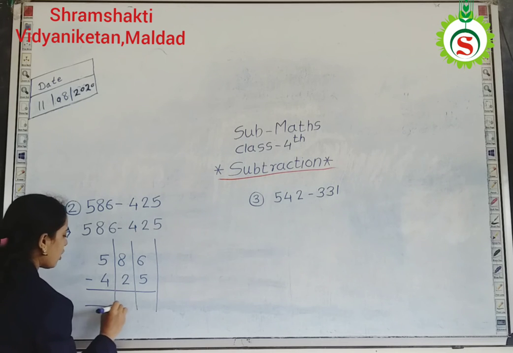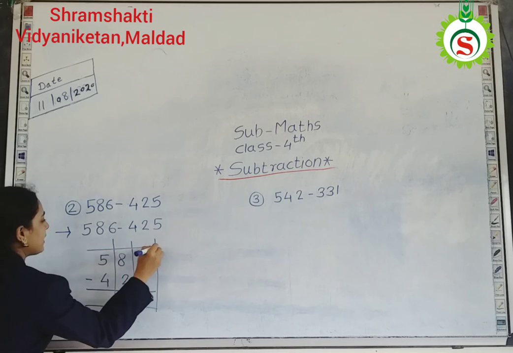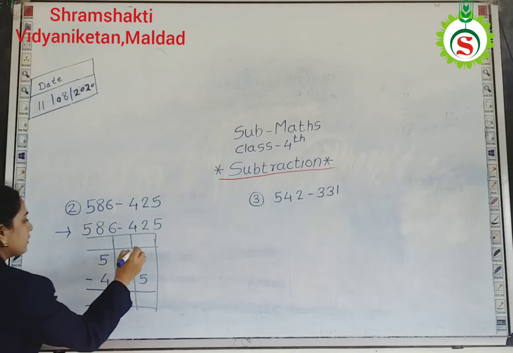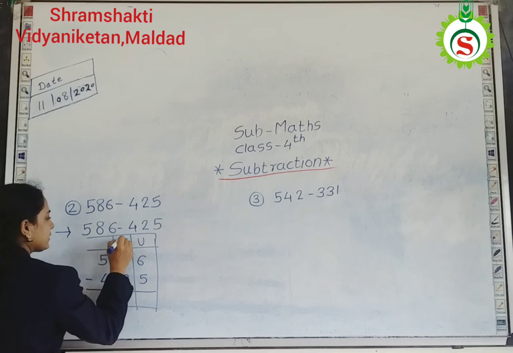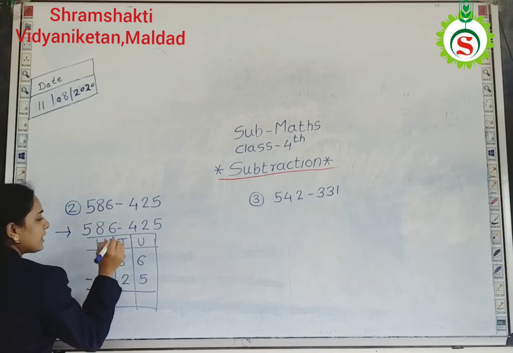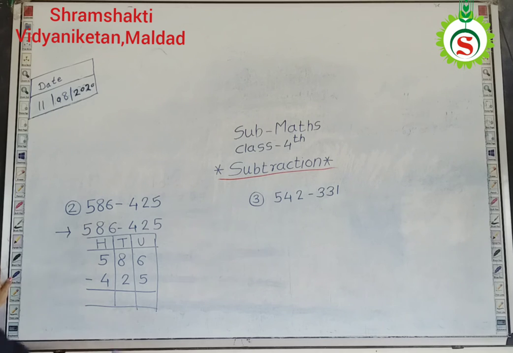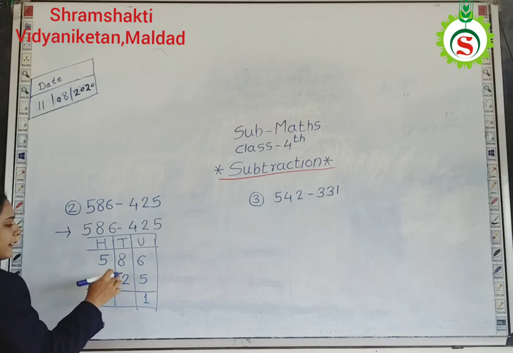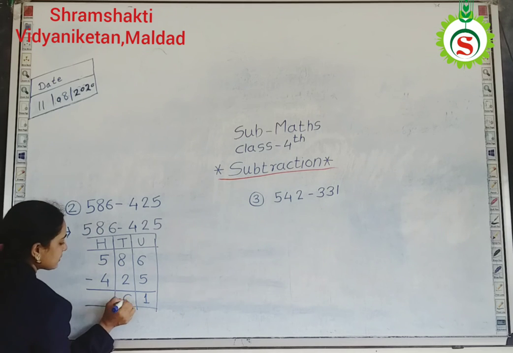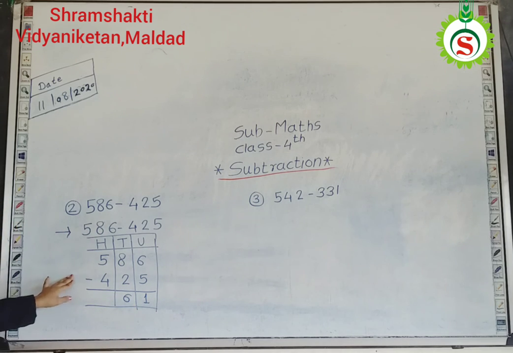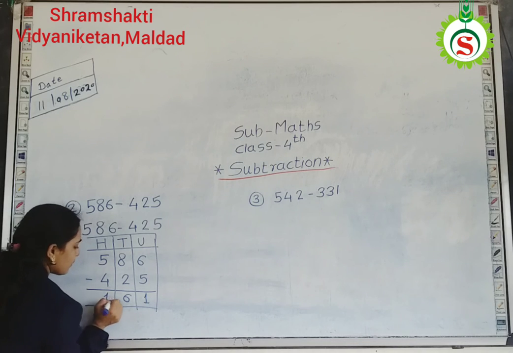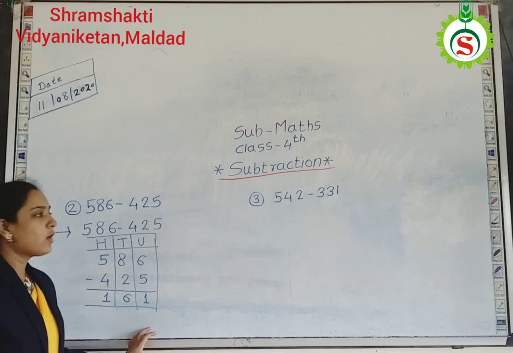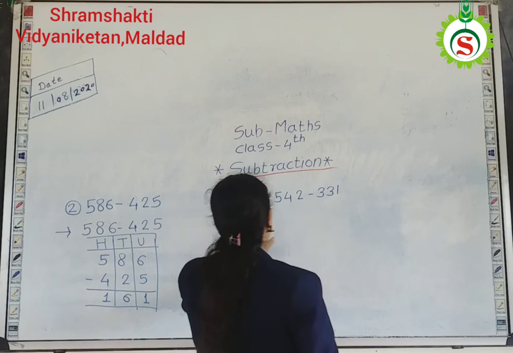For making columns you use a scale and pencil. So here units place, tens place, hundreds place, and then simple subtraction. 6 minus 5, 1. 8 minus 2, 6. And 5 minus 4, 1. Means our answer is 161.